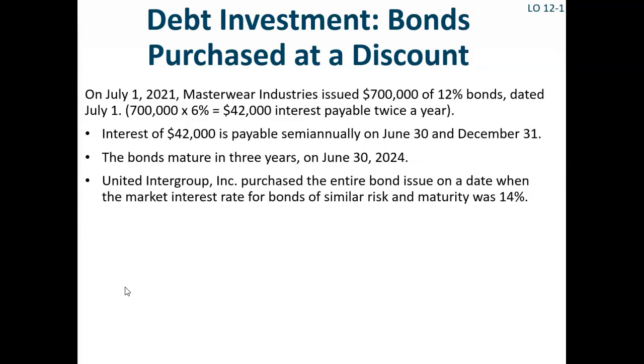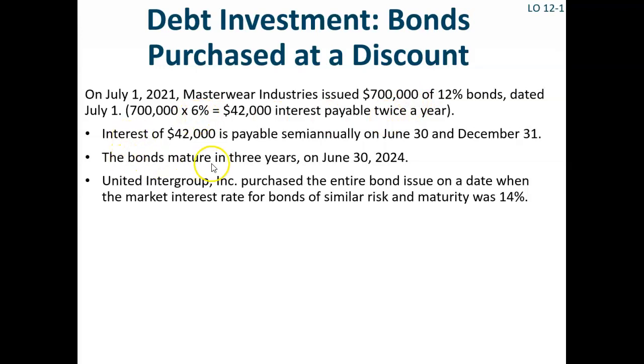That $42,000 is calculated by taking the par value or face amount of the bond of $700,000 times half of the contract interest rate. The contract rate is stated for an annual rate of interest. We're paying it twice a year, so the semi-annual rate of interest is 6%.